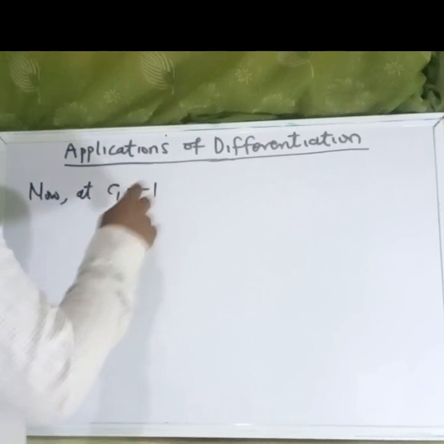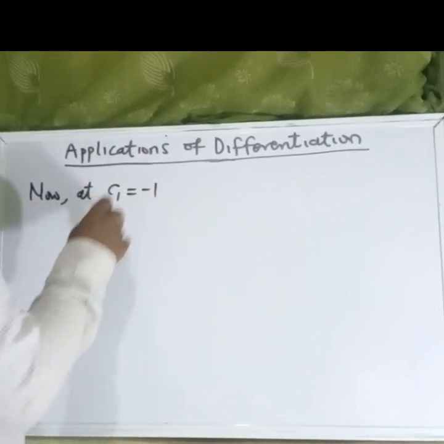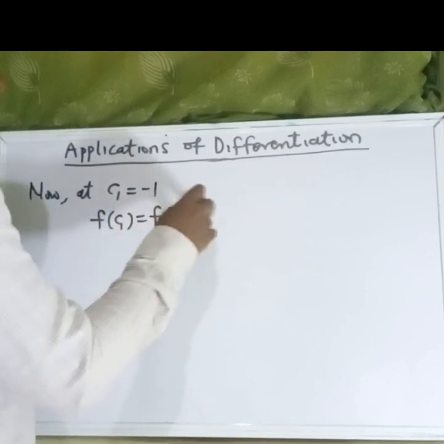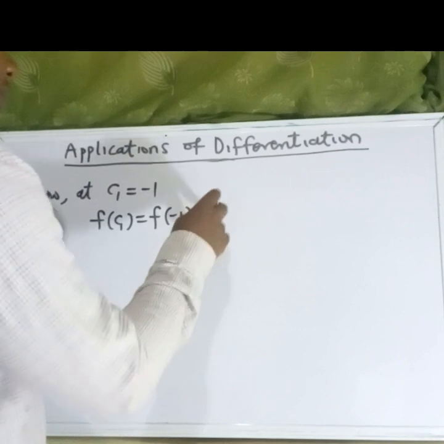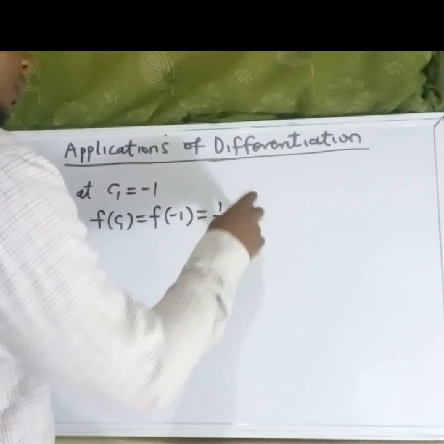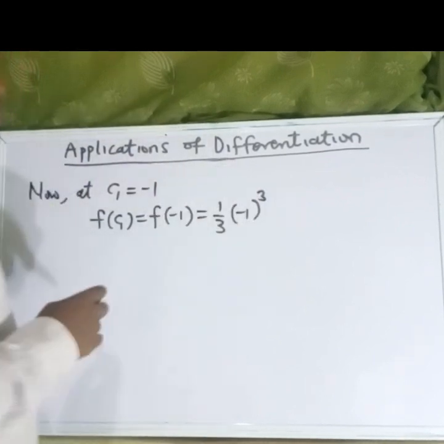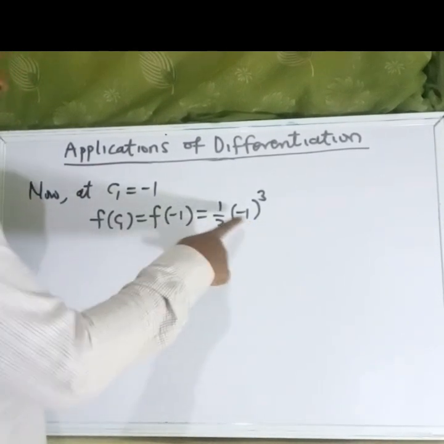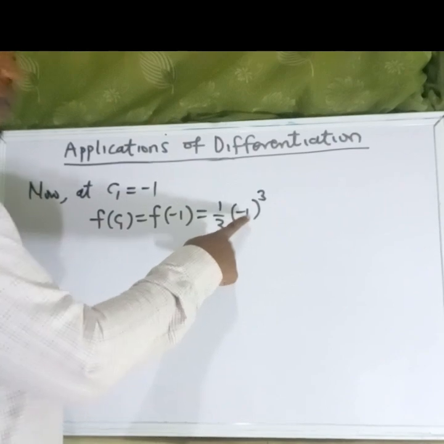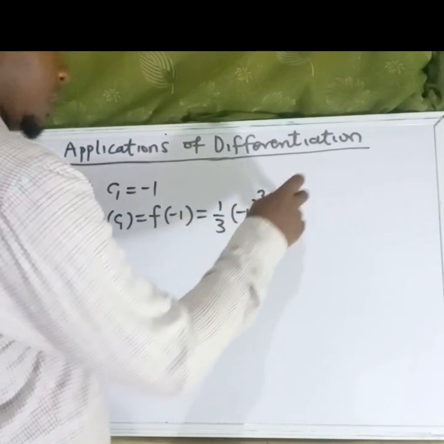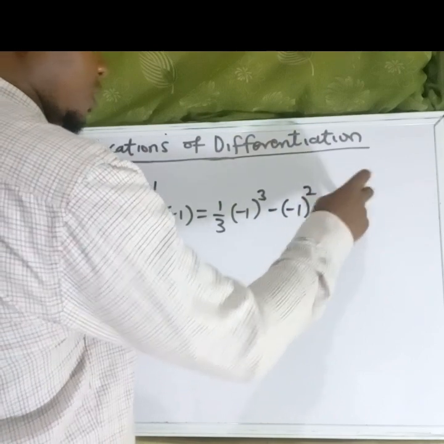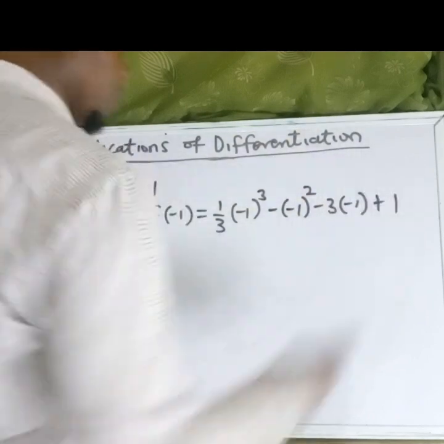Here we have f of c1 equal to f of -1 equal to 1 over 3 into -1, that is we are replacing x with -1, cubed, minus 1 square minus 3 into -1 plus 1.